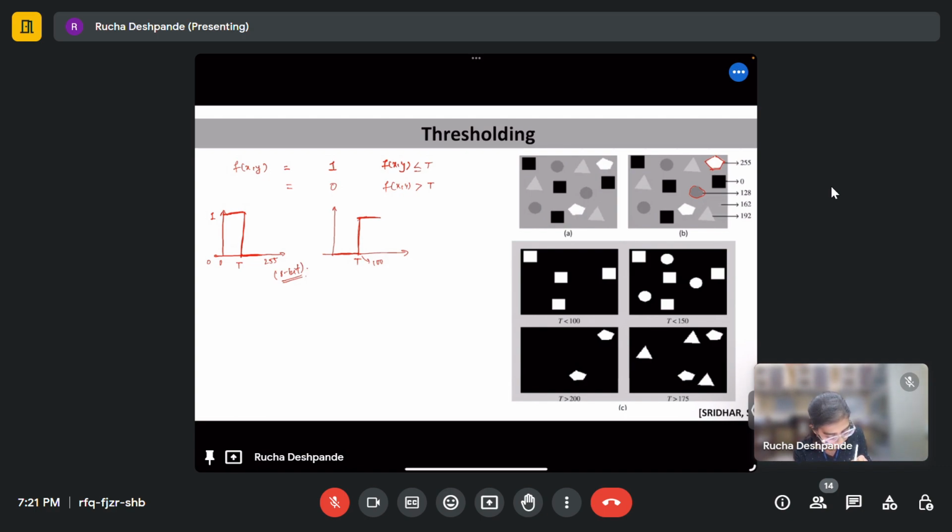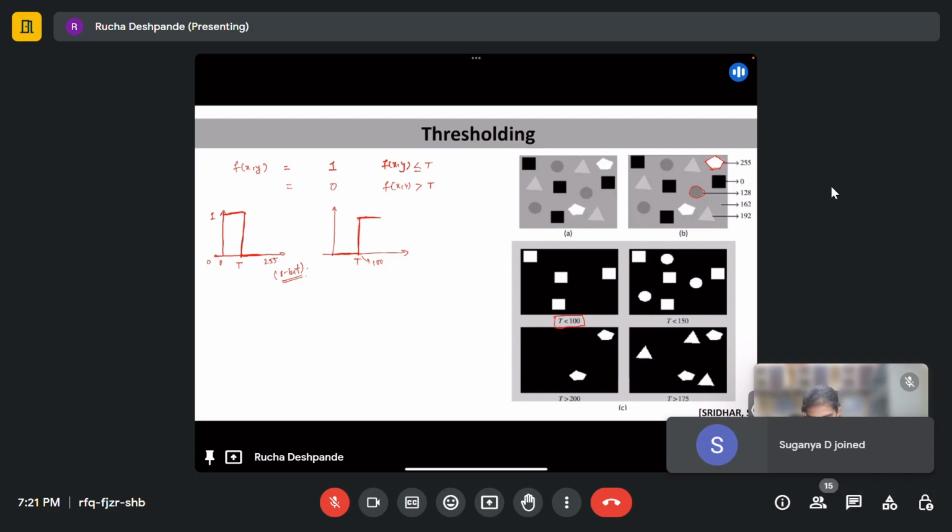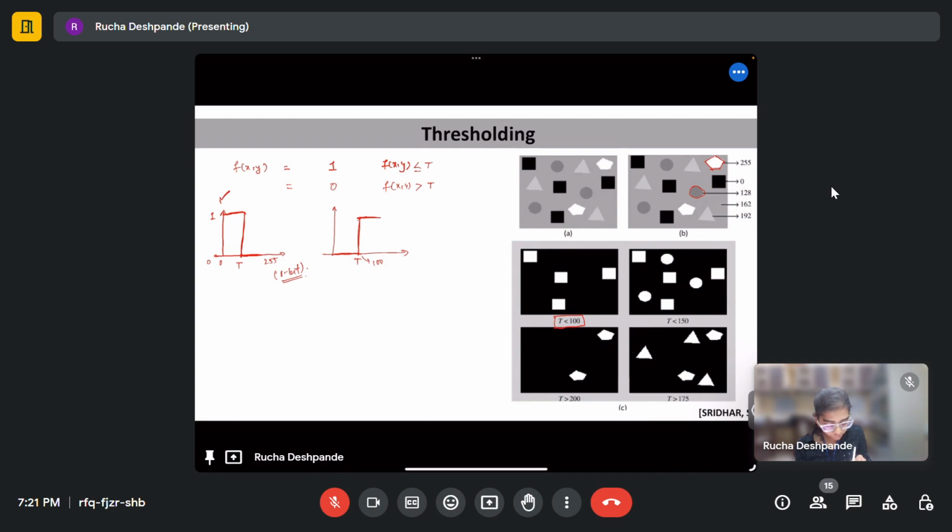Okay, so here first we have the threshold as less than 100. In this case, the thresholding function is the first one. For the values which are less than 100, they appear as 1, and the ones which are greater than 100 are 0. So here T is equal to 100.